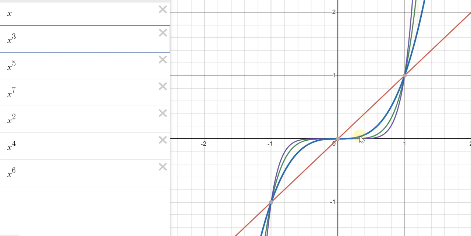And the reason for this flattening is because between 0 and 1, think about a number between 0 and 1, for example 1/2. When you do x cubed, when you have 1/2 cubed, that's 1/8. X to the 5th, 1/2 to the 5th, that's 1/32, right?